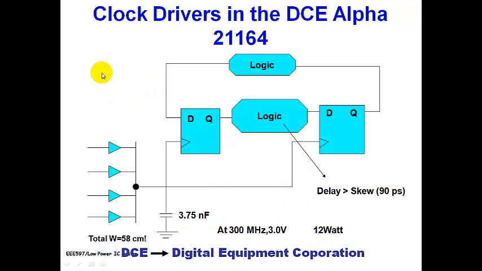That means what? Some 10 to 15 years back, we were talking about CV square F only for the capacitance of the nodes pertaining to the logic. Nowadays the clock power itself is equal to 50% or even more than 50%. This is the reality we have now.